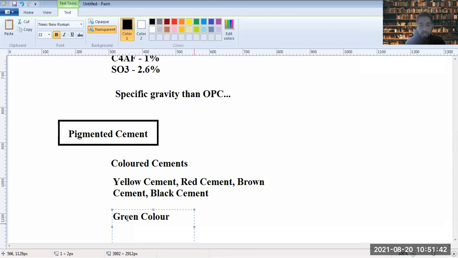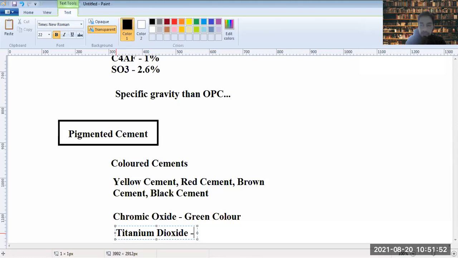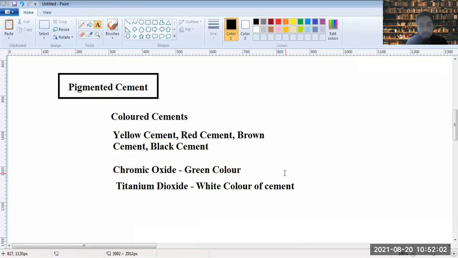Now, if you add titanium dioxide, you will get the white color of cement. So when you are adding titanium dioxide to the OPC cement, you are getting the white color as well.